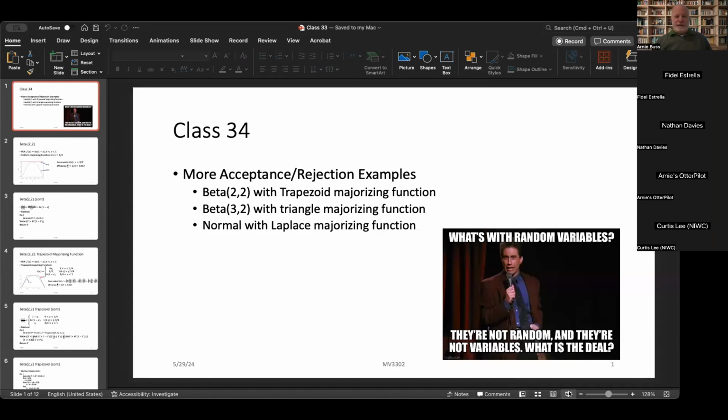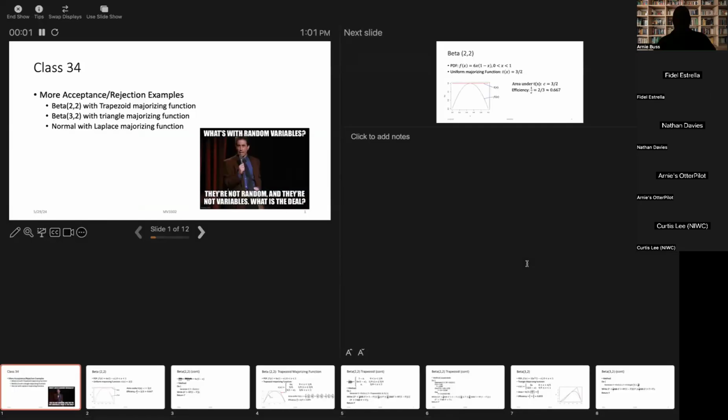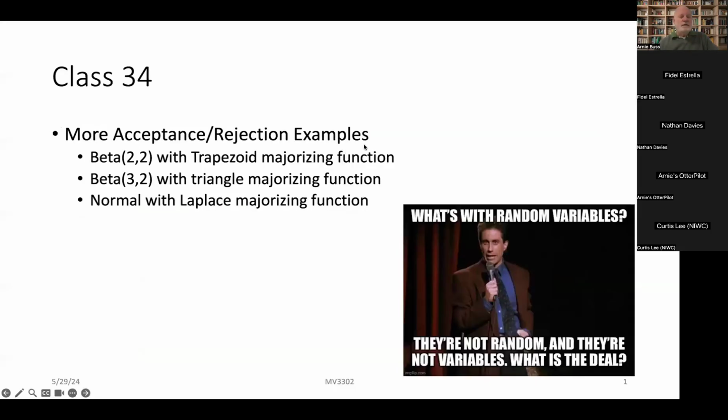With that in mind, I'm exploring specific examples of this beta distribution. The beta distribution is one of my favorite distributions because it's very flexible in terms of its shape.